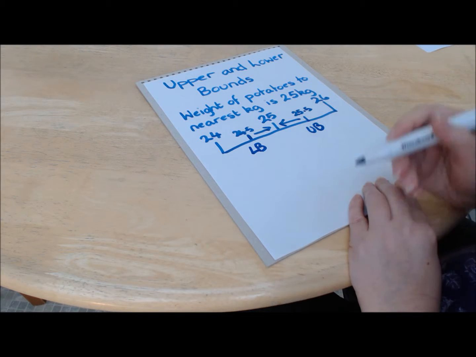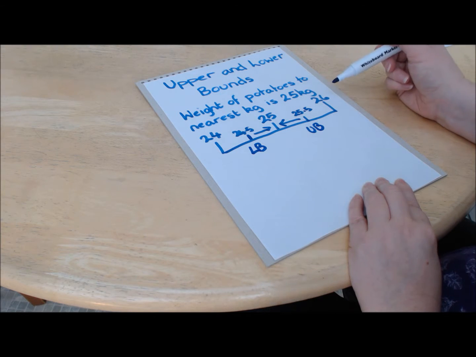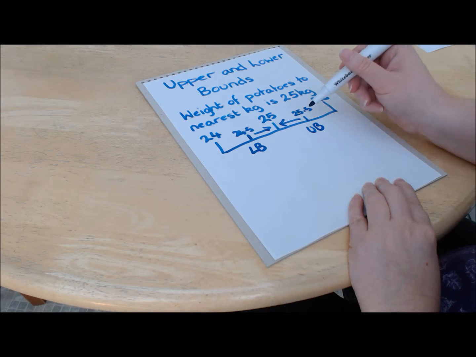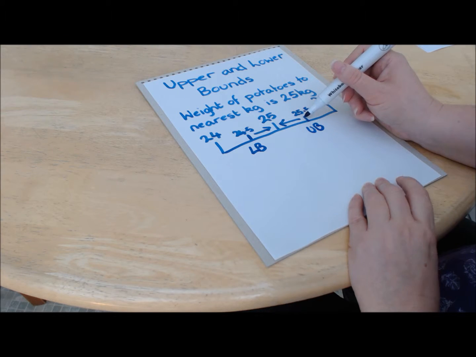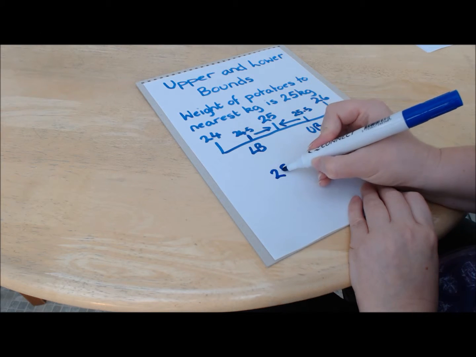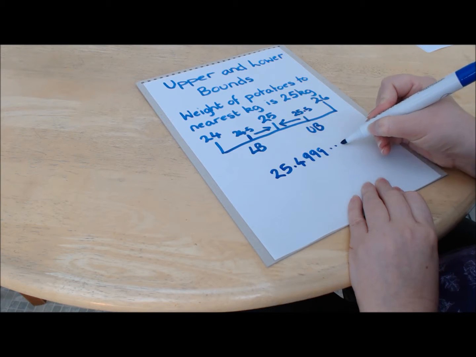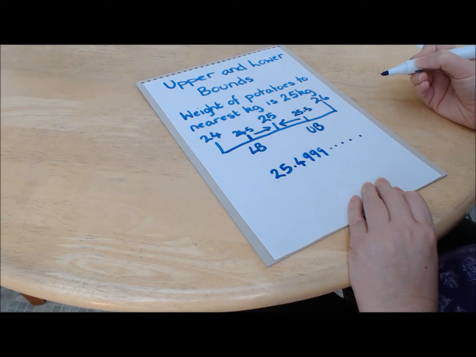Now, some of you might be looking at that and saying, well, but if it was 25.5, you would round it to 26, and you would be correct. However, the number that's immediately before that would be 25.4999 going on forever. You can't realistically put that into a calculator.